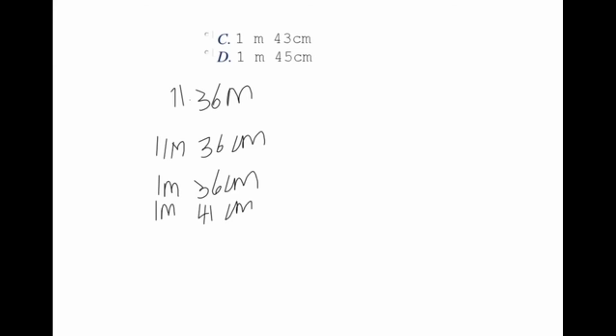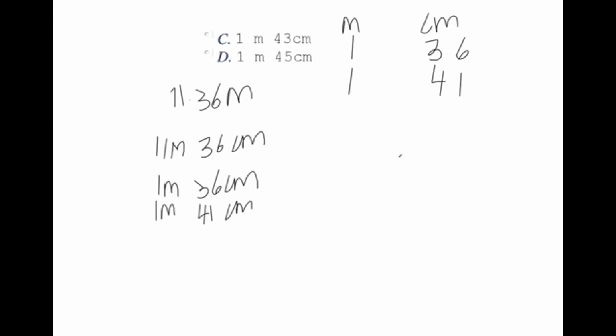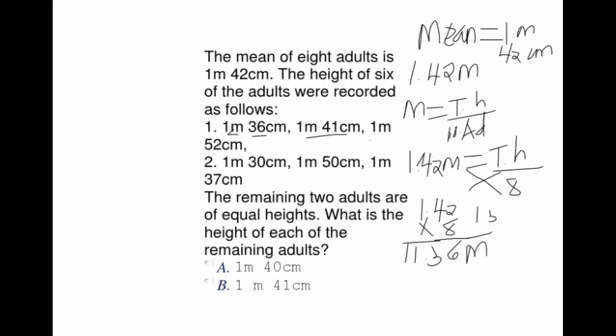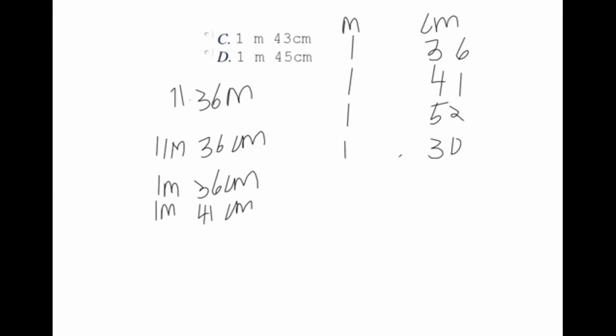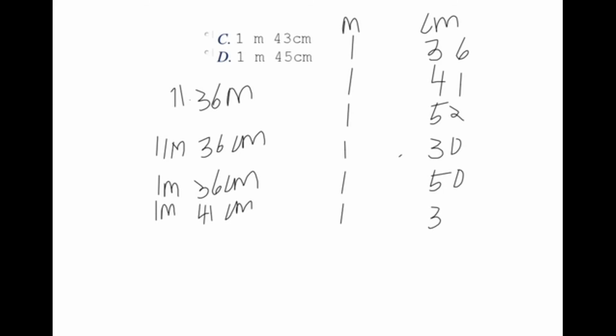So this can be written as meters and centimeters. So we have 1 meter 36 centimeters, 1 meter 41 centimeters, 1 meter 52 centimeters, 1 meter 30 centimeters, then 1 meter 50 centimeters, and finally 1 meter 37 centimeters.